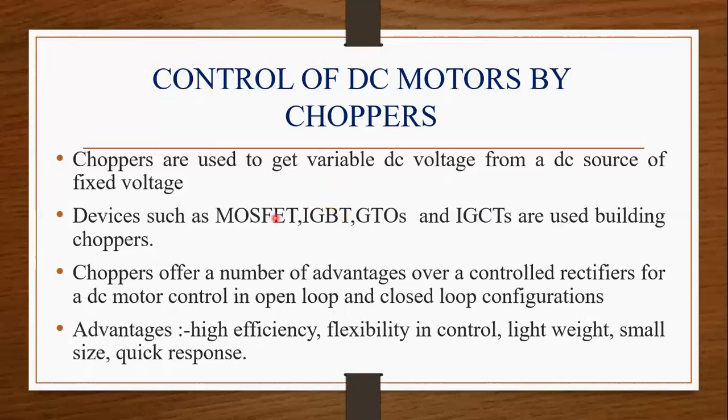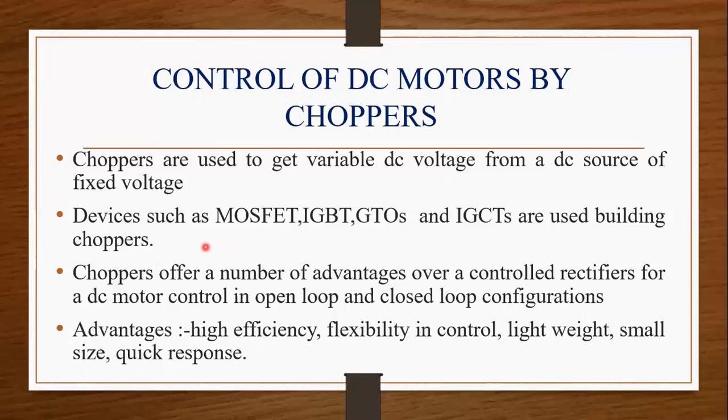So this is the advantage of these self-commutated devices, MOSFET, IGBT, GTO. An external commutation circuit, that is a forced commutation circuit, is not required. But in thyristors, forced commutation is required to turn off the thyristors.